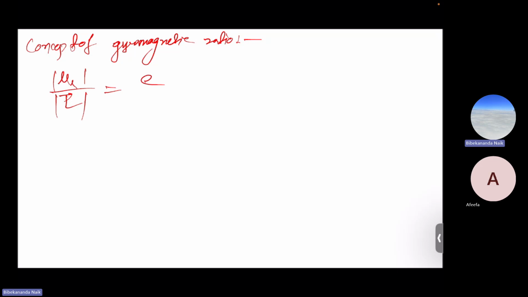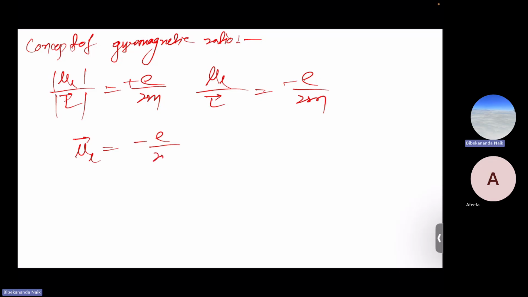So this was minus e by 2m. Sorry, if you say mu l by l, it will be minus e by 2m, or we can say mu l vector is equal to minus e by 2m l vector. So that was due to the charge of electron.